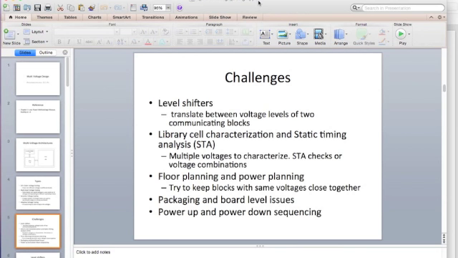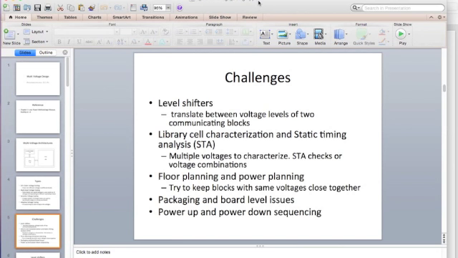Also, when you analyze your design with signals going from one voltage domain to another, you have a clock on voltage domain 1, the transmitter domain, which launches a signal. It goes through that voltage domain, crosses the interface, gets into the other voltage domain, and then gets captured there.